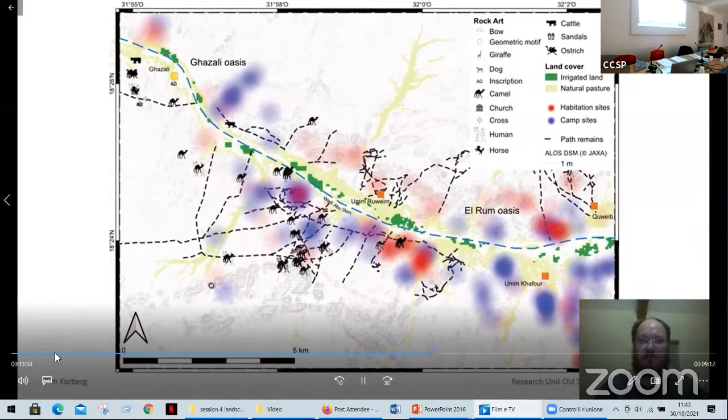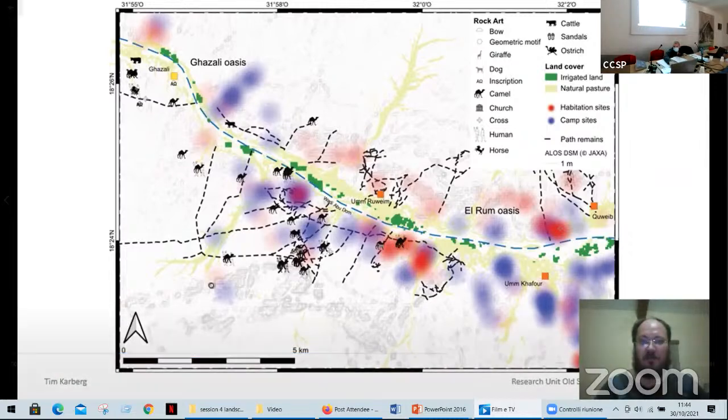Remarkably, the vast majority of rock art in the lower valley is found between the oasis of Asali and the western part of the oasis, where irrigation was more stable on a longer basis than in the eastern part of the oasis. Additionally, the vast majority, which means 97% of rock art in the lower valley, is found in the southern part of the oasis. Areas north of the main channel are almost empty of rock art.